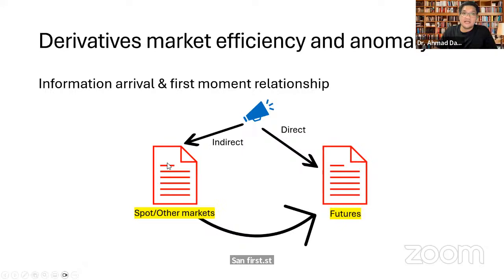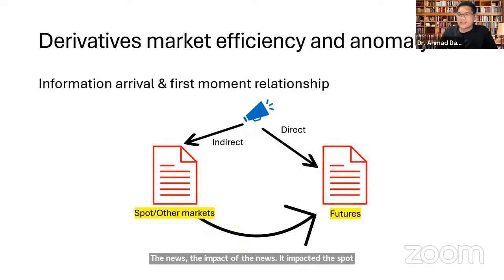So that is this category. In the other category, the impact of the news hits the spot market first, which is the FBM KLCI. Only when the futures traders see the KLCI responding do they respond in their futures positions.